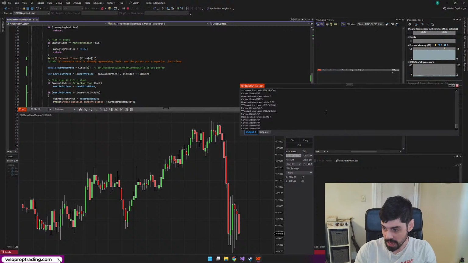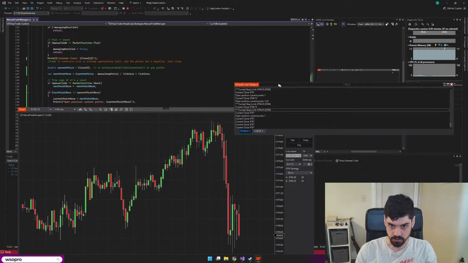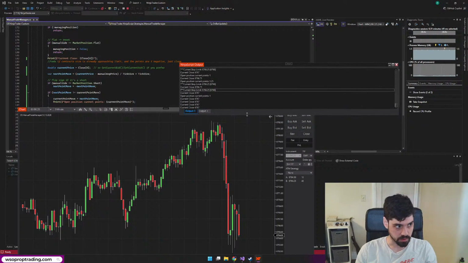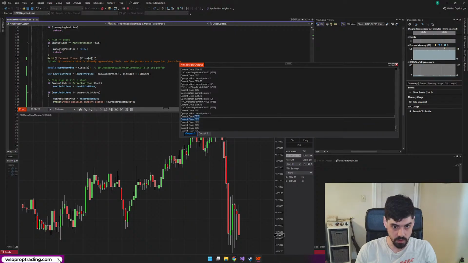Maybe the math is wrong because I'm shorting, and it might be adding. Because, okay, look, I know it's a little small here, but close is 67, 67, 67, 67. We bought in at 67, 68, right?